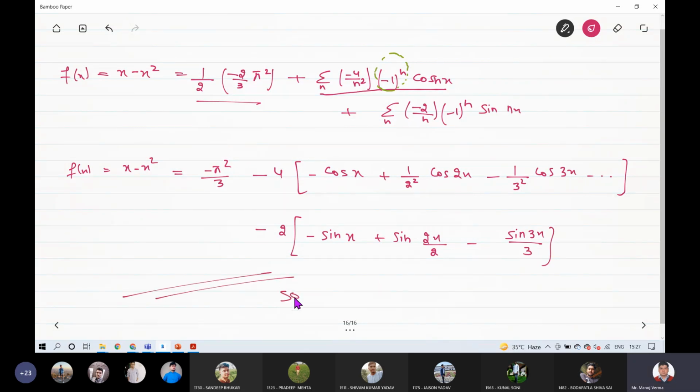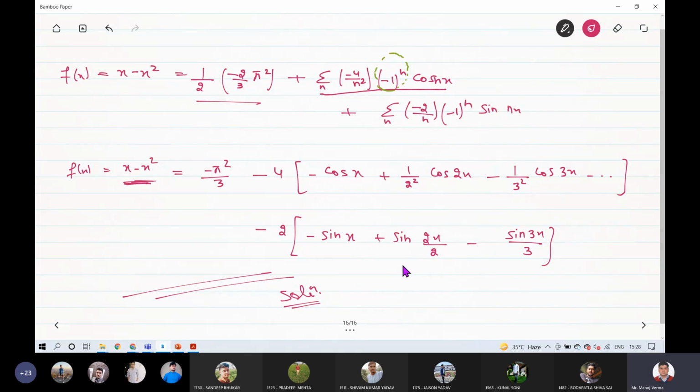Okay, so for this particular function, the corresponding Fourier series will be this much. Again, you can always check the validity of this Fourier series analysis by plotting the graphs.